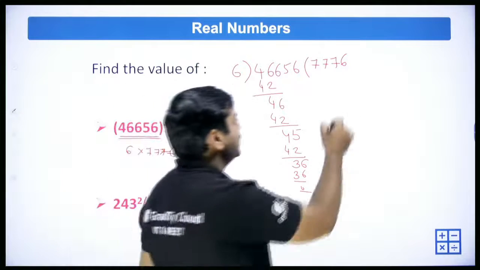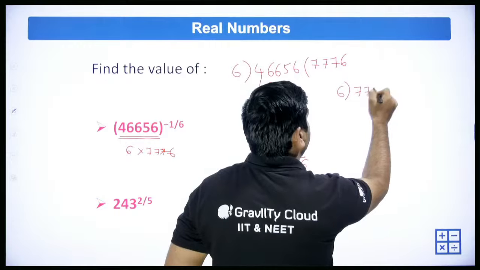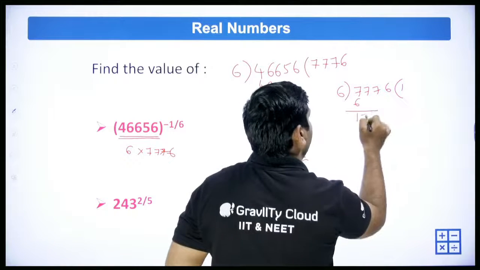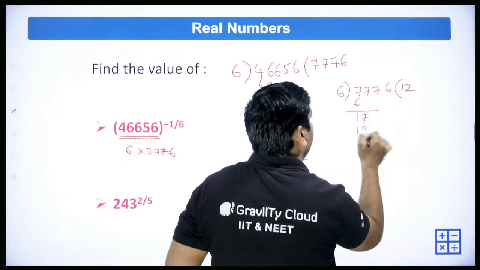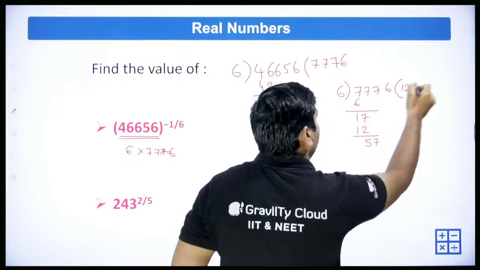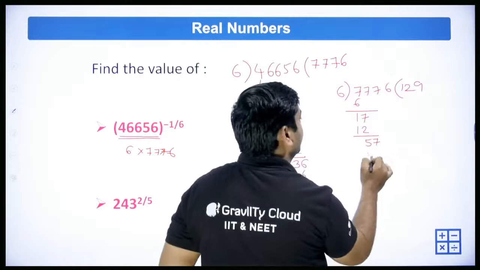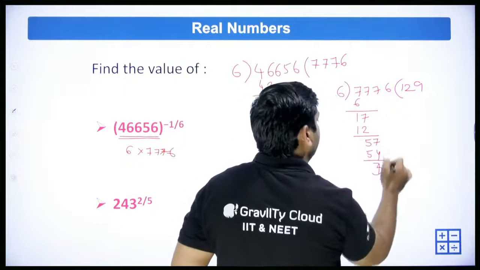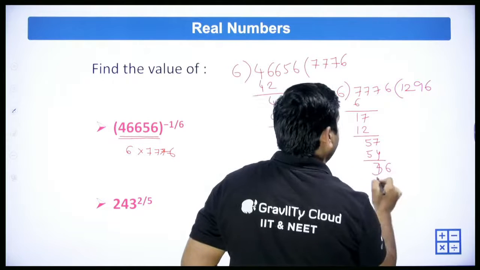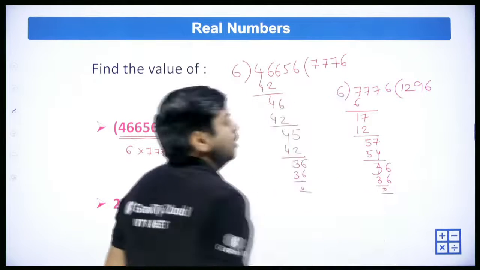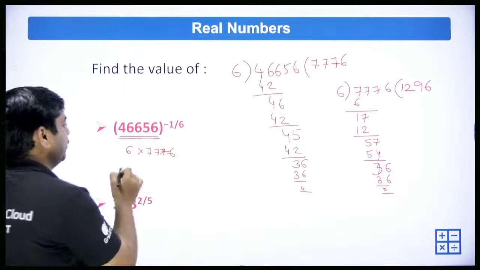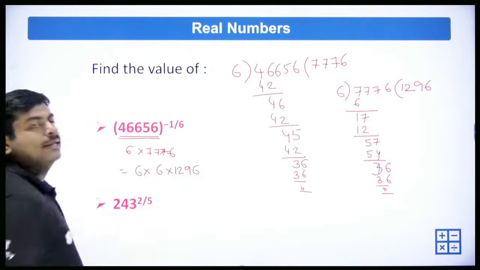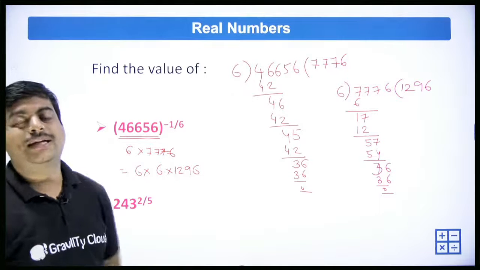7776 can be divided again by 6. We get 1296, so it can be written as 6 into 1296, and 1296 I can remember that it is equal to 36 into 36.